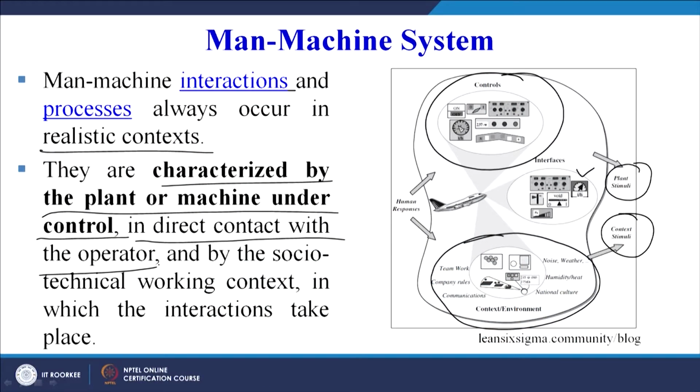So there is a socio-technical context, which in this example is given here as teamwork, company rules, communications, humidity, heat, noise, weather. So this is the context and the environment under which the interaction between the man as well as the physical objects or the machines, or we can say equipment, is taking place.